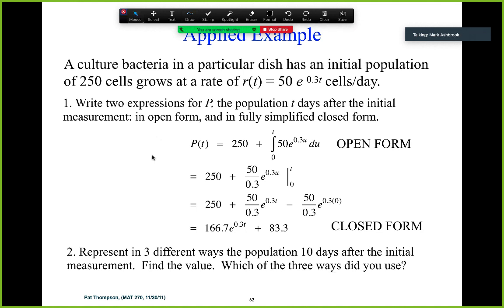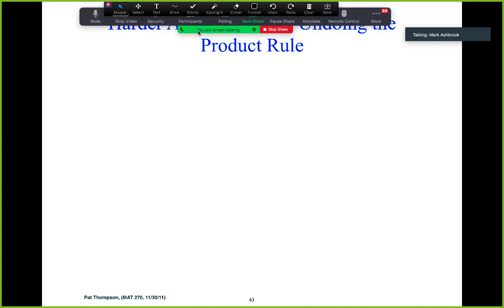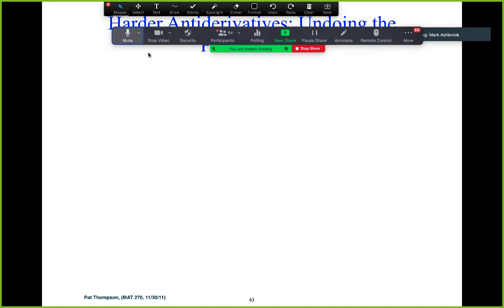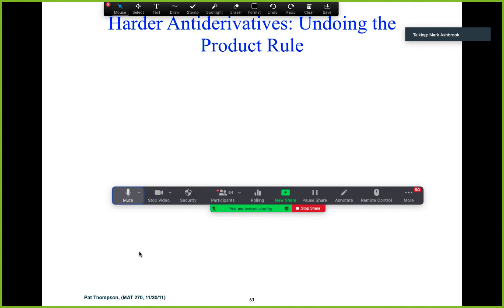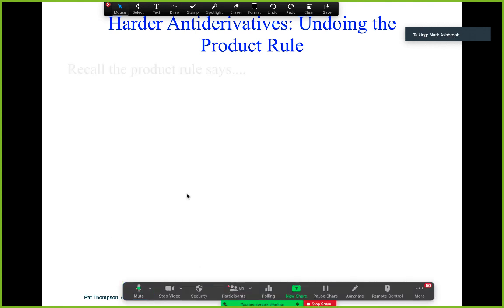All right, so the next type of harder antiderivative is something of undoing the product rule. And so let's review the product rule.